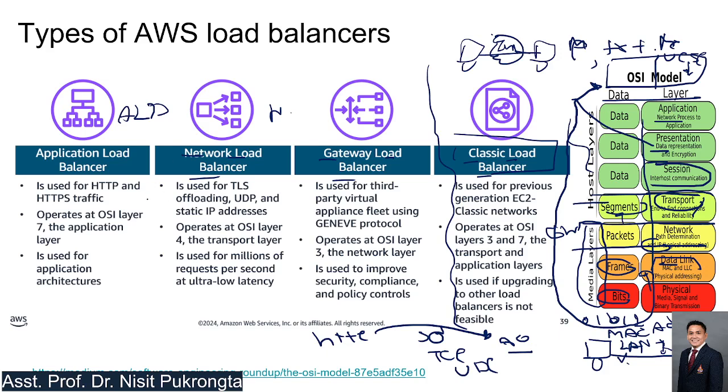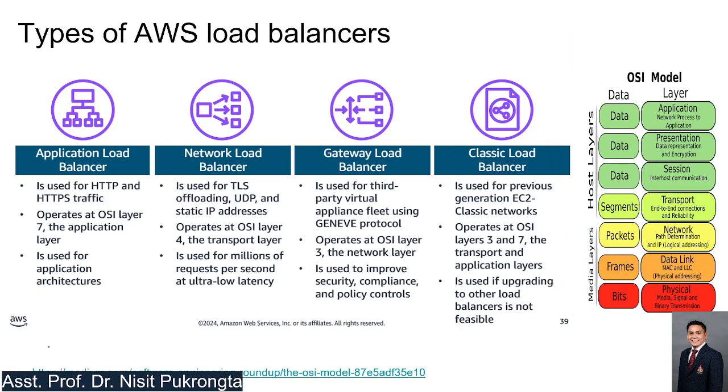Now we compare: if you use an application load balancer, it means you focus on this layer. This is what we call ALB. It talks about layers 4, 5, 6, 7.